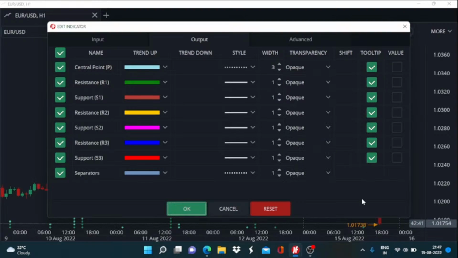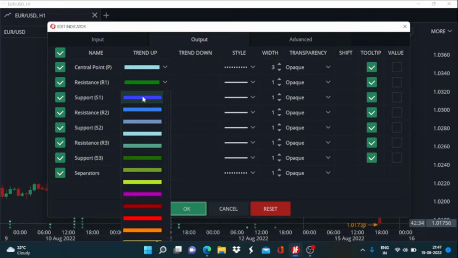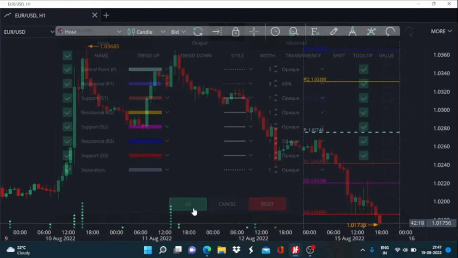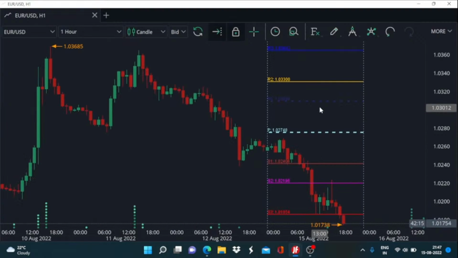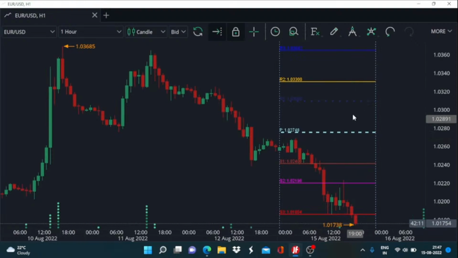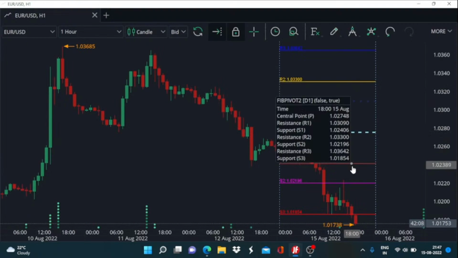We will keep it with a lower transparency, whereas we also want to highlight these first resistance and first support as these are generally key, and for that we will go with a different style option and reduce its transparency and see how it looks. So this is how the first resistance is showing up and this central point is now more highlighted.